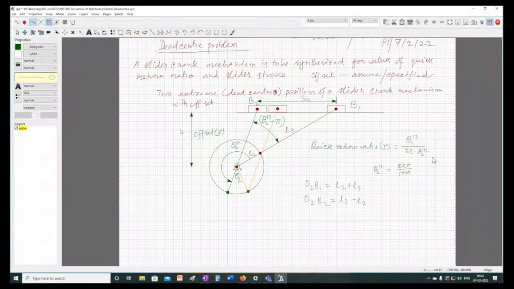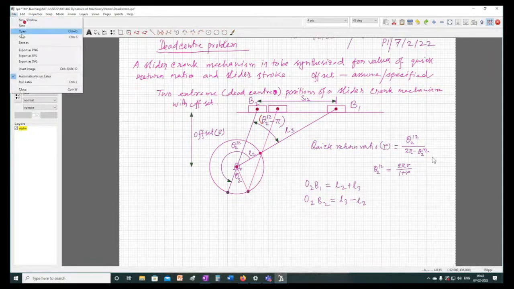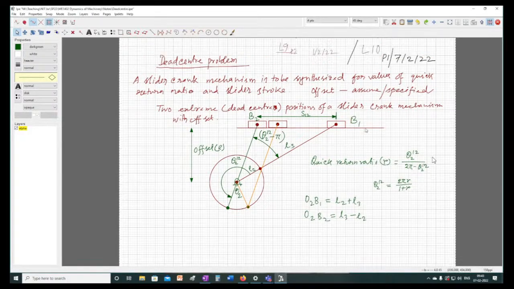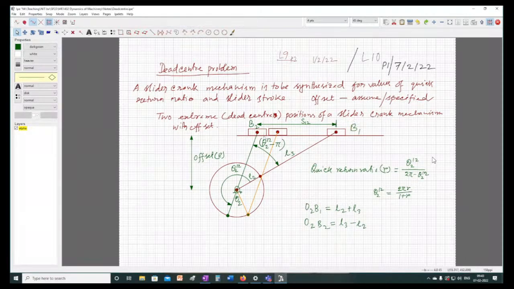Now we will go for this mechanism. How to get the mechanism. So first, what information do we have?